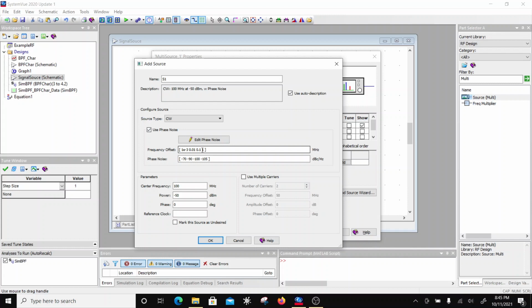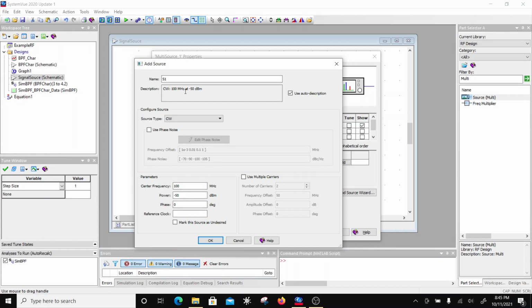These are the offset numbers here, and at each offset you have a phase noise specified. If you want clarity on this, there are other playlists where I talk about PLL phase noise or VCO phase noise, which you can characterize there. So I'm not going to put any phase noise here, that's fine.